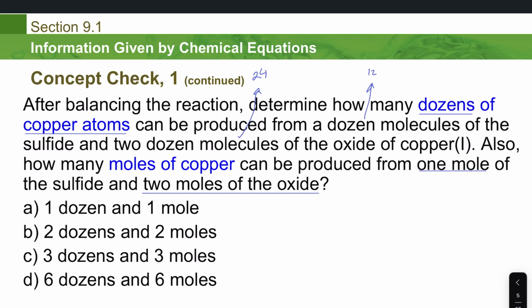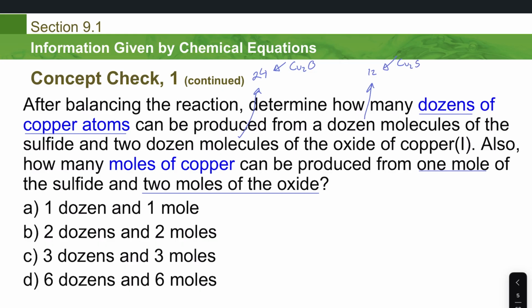Now, before we had 2 dozen molecules of the oxide and 1 dozen of the sulfide: Cu2O and Cu2S. And this is saying the same thing.